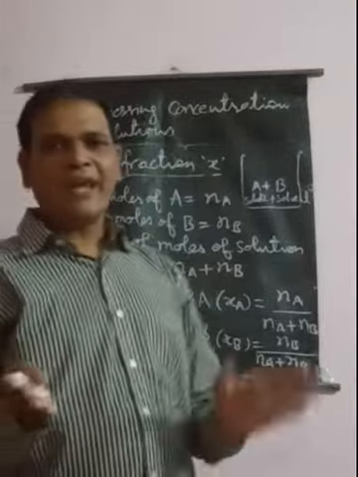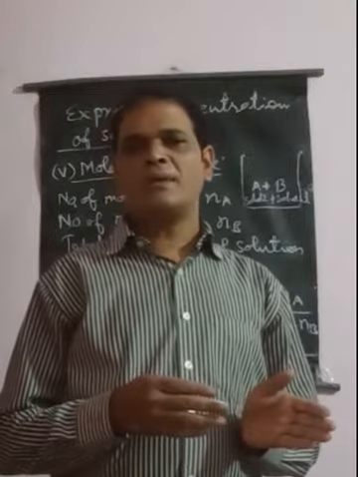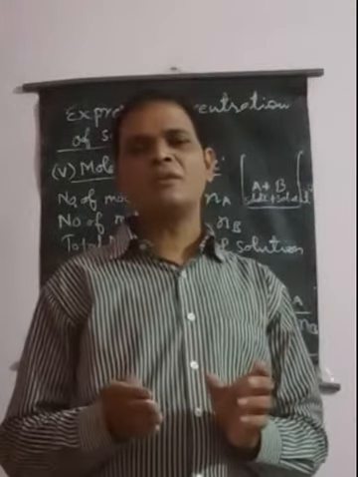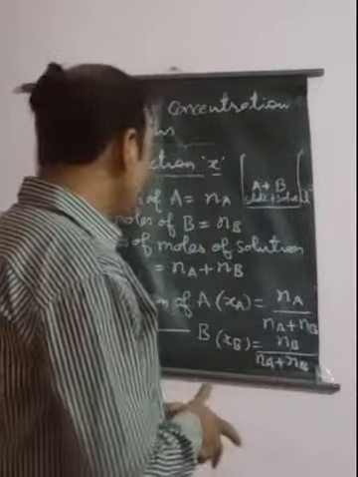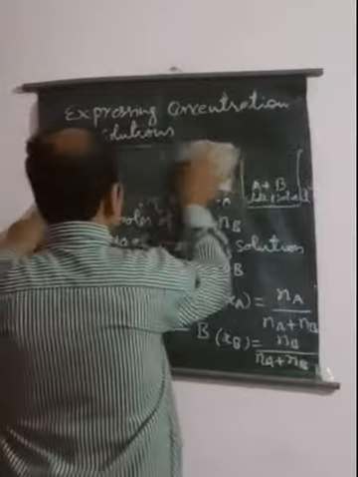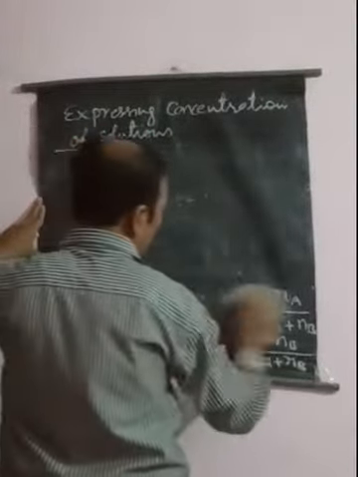Now, if any solution has I number of components present, in that particular case you can also find out the mole fraction, meaning you can find out the mole fraction of a solution having more than two components.